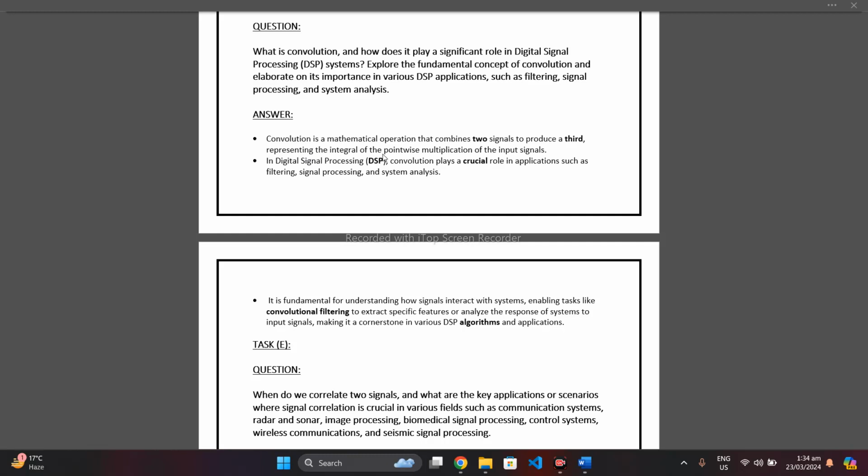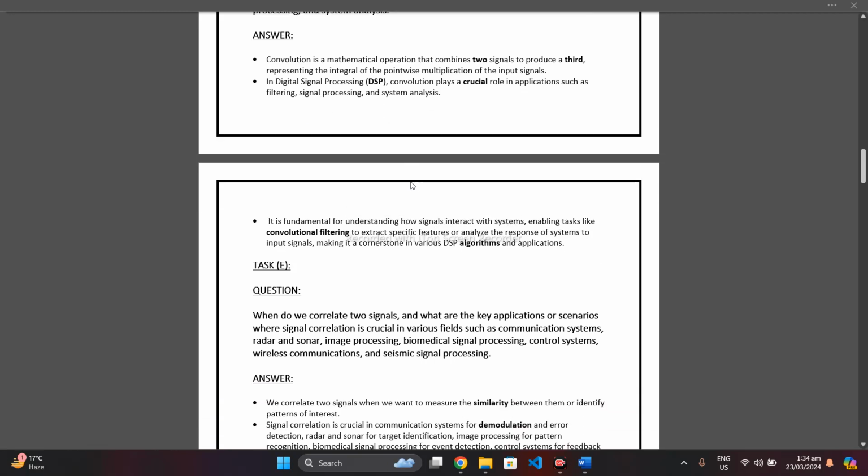integral of pointwise multiplication of the input signals. In digital signal processing, convolution plays a crucial role in applications such as filtering, signal processing, and system analysis.